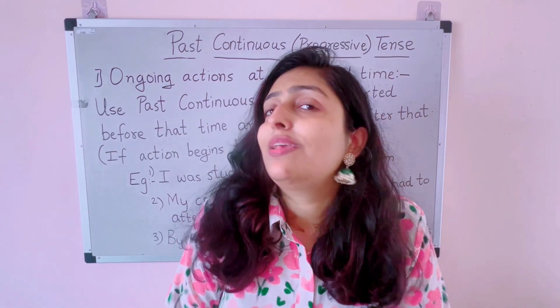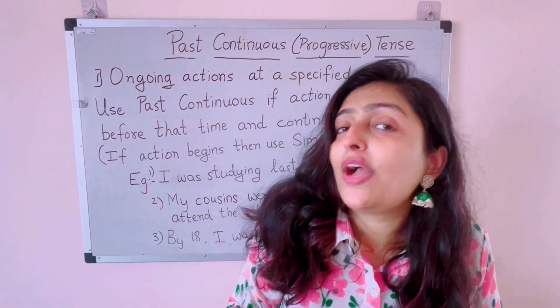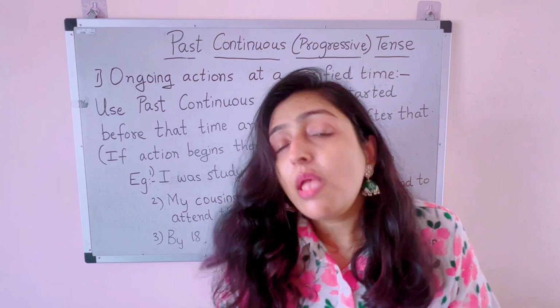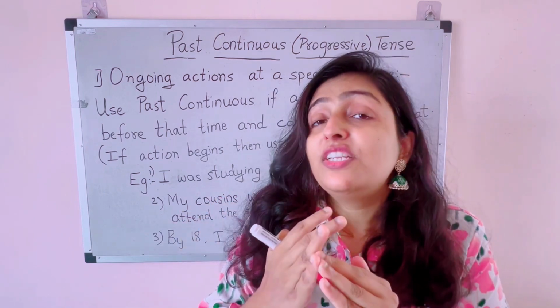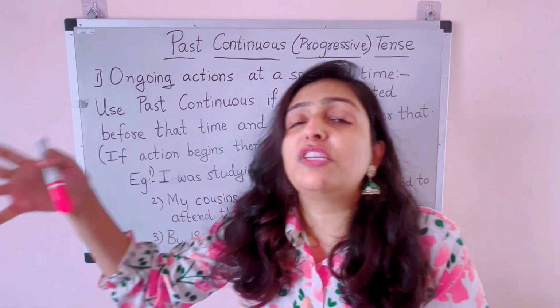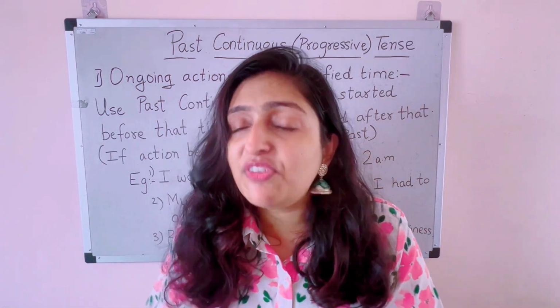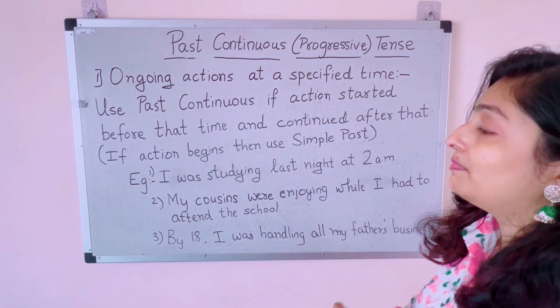There is an action specified in the statement, but that action would have taken place before that time and would have continued after that time. You will understand it better when we solve the examples.